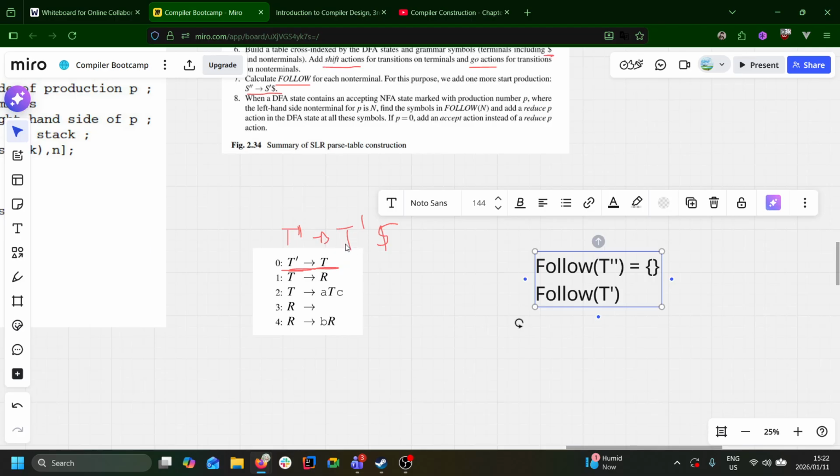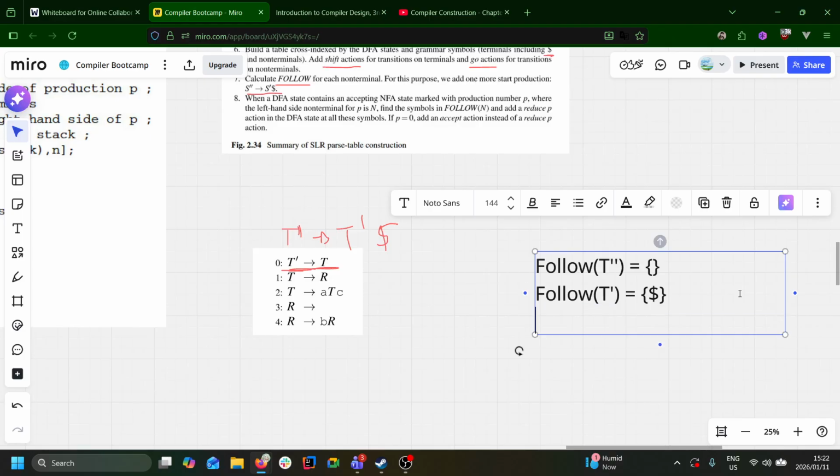It's on this rule over here, and T prime is followed by the dollar sign. So you just have the dollar sign over here, and then you continue for the rest. What is the follow of T? We look on the right hand side. Where do we see T? We see T over here.